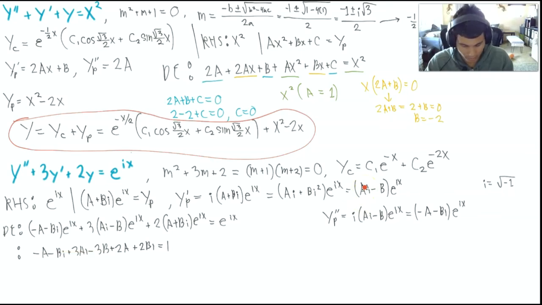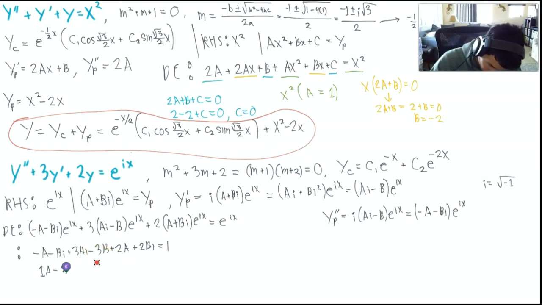But maybe we should add things first, right? Okay, well, we have a negative a here, a 2a here. So let's just do regular a's first. We would have 1a. Okay, how many regular b's do we have? We have just 1, minus 3b.